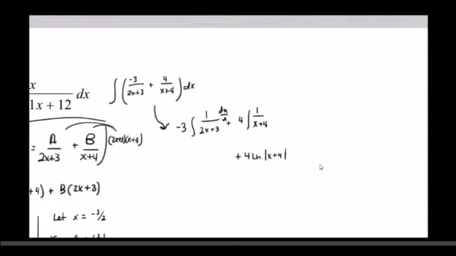And the answer is no. If u is 2x plus 3, then du is 2. So to make this truly a du over u, we need to multiply by 2, which means we have to divide out by 2. So now we have it. It's negative 3/2 times the natural log of absolute value of 2x plus 3 plus C.